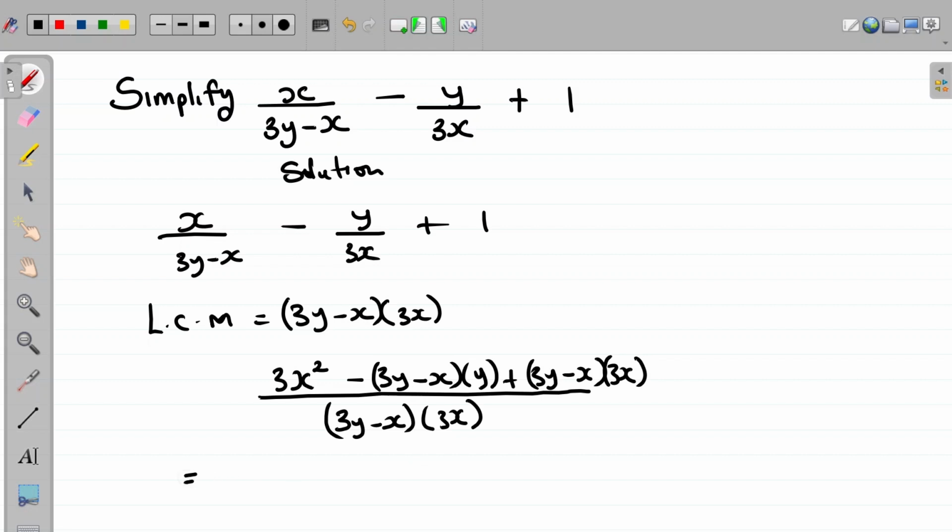Now at this point, we have to expand our numerator. So this becomes 3x squared minus 3y squared plus xy plus 9xy minus 3x squared.